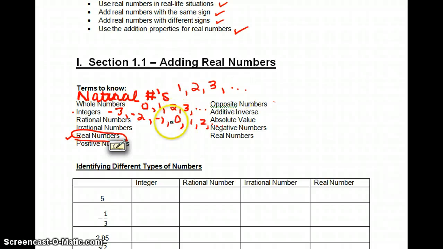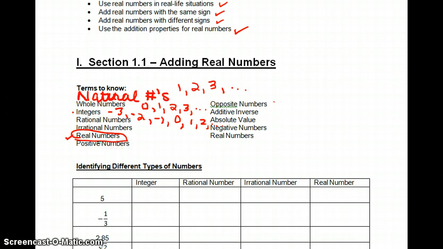But you may notice that they don't contain or represent any of the fractions or decimals that exist in our life, because it sure would be nice if all we had to work with were natural numbers or integers or whole numbers, right? Because we like numbers like that that are just nice and perfect with no fractions or decimals. But unfortunately, we do have to use numbers that contain fractional pieces.